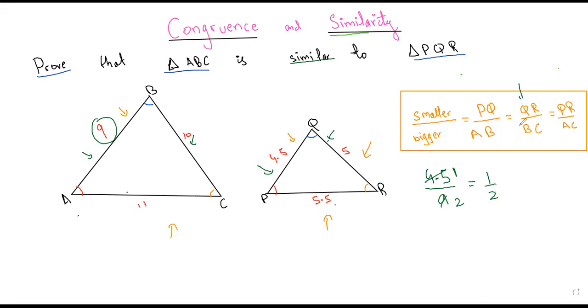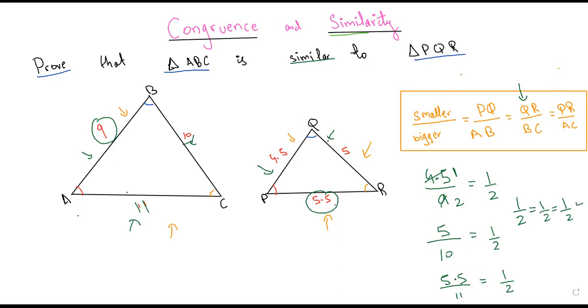Let's check QR and BC. QR is 5 divided by BC, that is 10. This is again giving me 1 by 2. So far things are going well, right? And PR is 5.5 and AC is 11. So that is again 1 by 2. So what do I see? That I have 1 by 2 equals 1 by 2 equals 1 by 2.